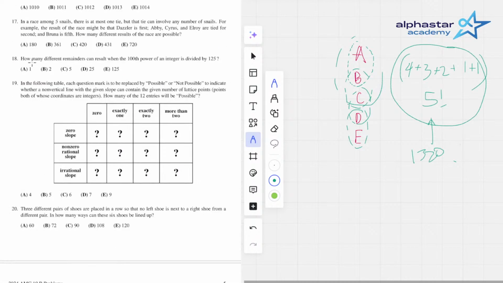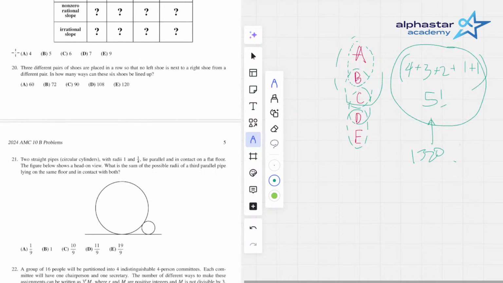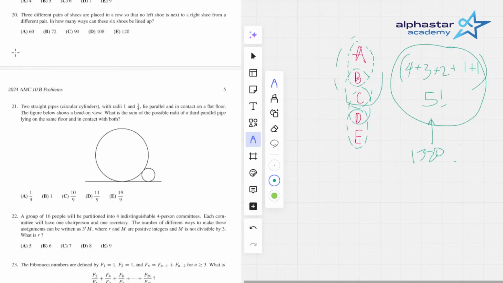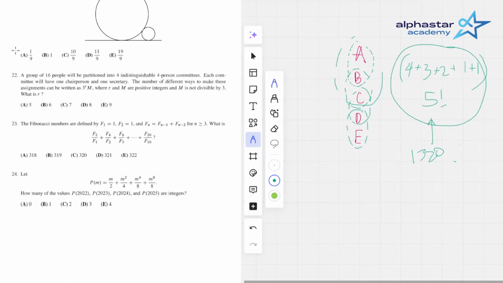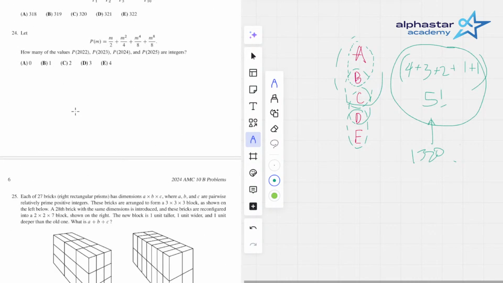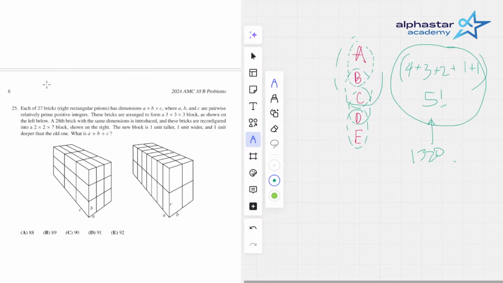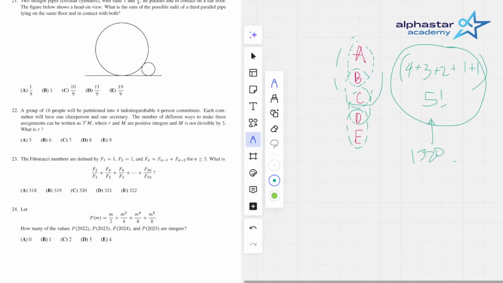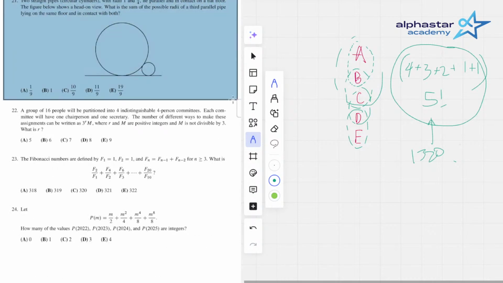You can also use answer choices to think about what you might be missing. There's always that type of question, and this one was kind of in that category, right?